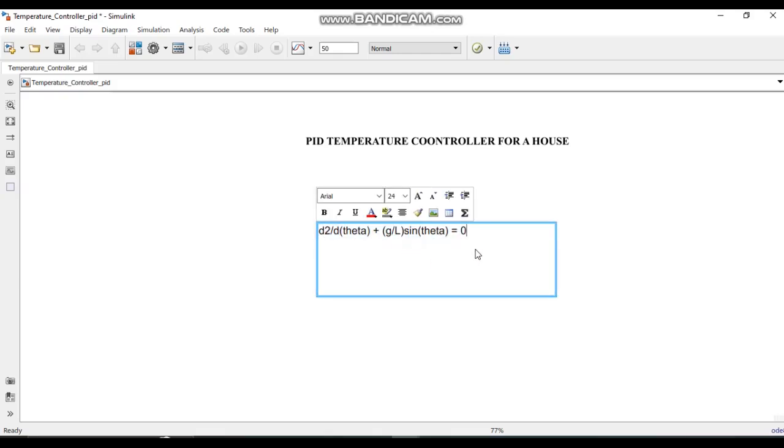Okay, so first things first, we'll group the items, right? So d squared theta over dt squared goes on one side. The other terms become minus g over L sine theta, right?